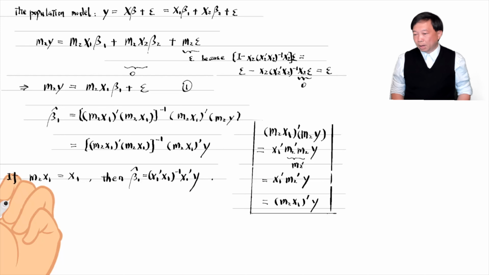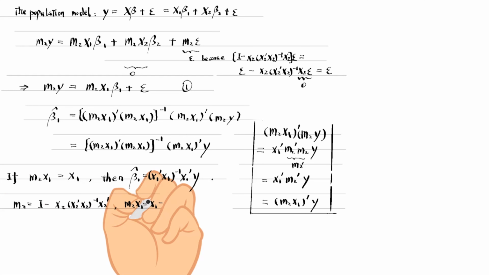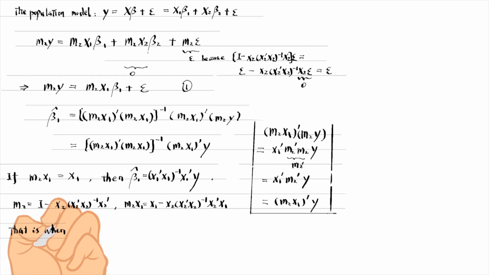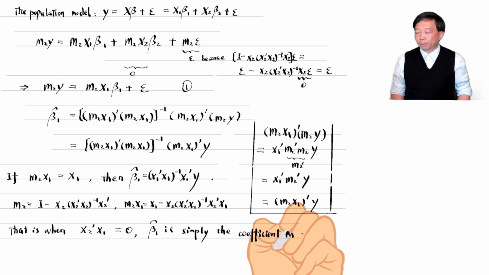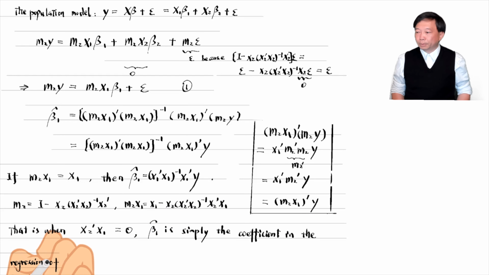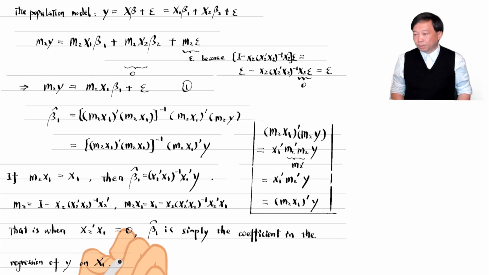We write out M2 and find that only when x2 prime times x1 equals 0, beta 1 hat is the same as in the partitioned regression. This condition implies that x1 and x2 are not correlated with each other.